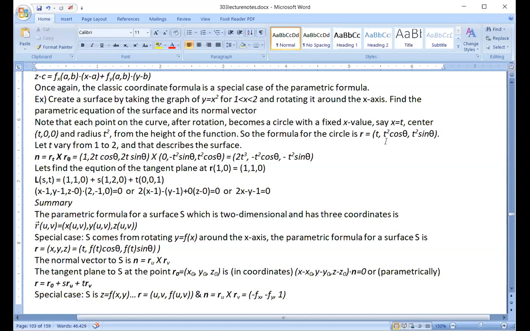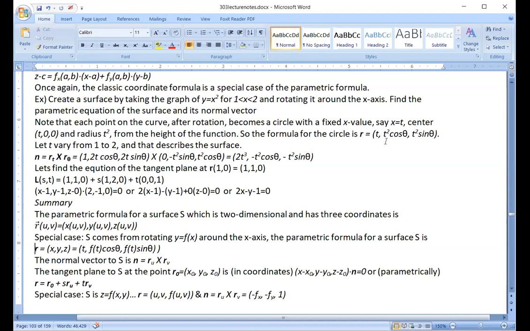Next, the tangent plane. If we have the surface S, we can write the tangent plane at the point r0, which would be (x0, y0, z0). We can write it in coordinates as (x − x0, y − y0, z − z0) dot the normal vector n equals 0, and then expand that if you like.